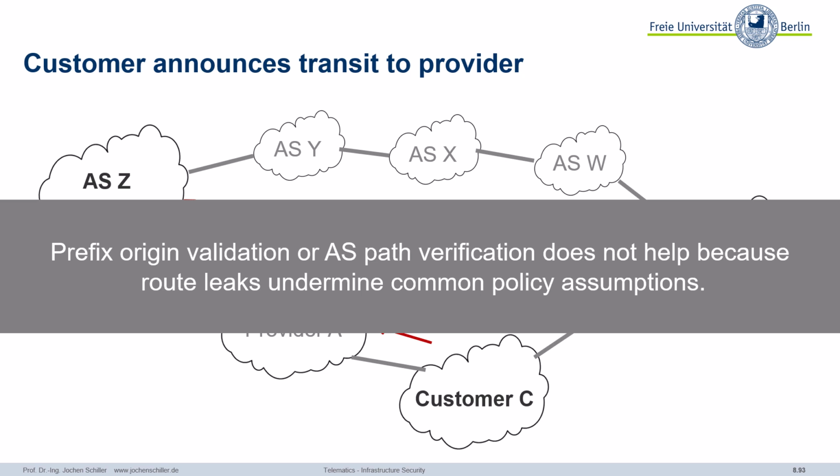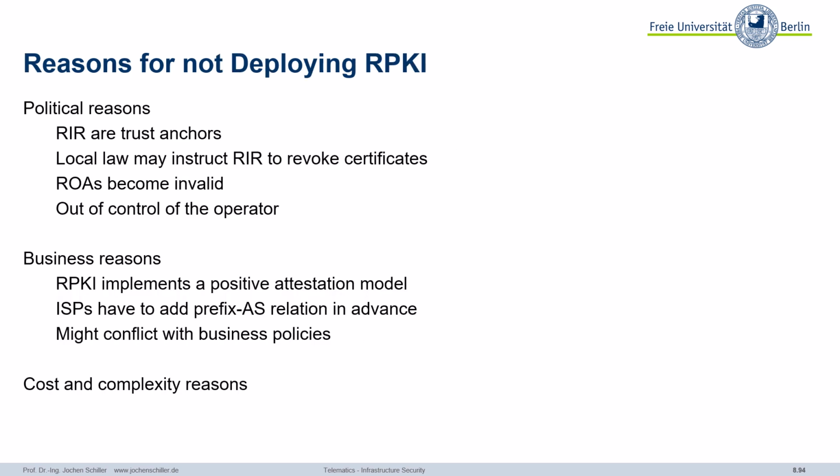Why don't we have RPKI everywhere? Well, there are some political reasons. Who do we trust? We saw in our hierarchy that we have the root certificate, and then we have different registries, the regional internet registries, and these are our trust anchors.